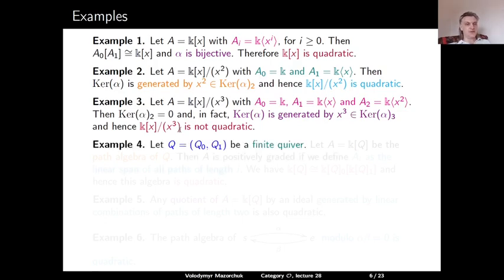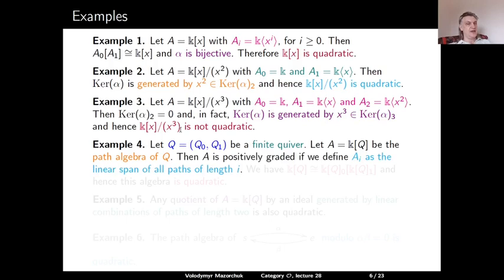Example 4. Consider a finite quiver Q with the vertex set Q0 and the set Q1 of arrows. Let A be the path algebra of Q. Then A is positively graded if we define A_i as a linear span of all paths of length i.